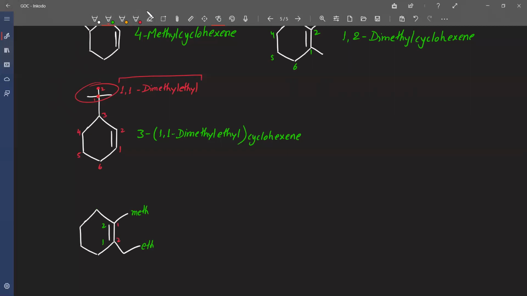Both the positions are 1 and 2, there is no difference, there is a tie. And in such cases, we break the tie by alphabetical order. So now the name is simple: 1-ethyl-2-methylcyclohexene.